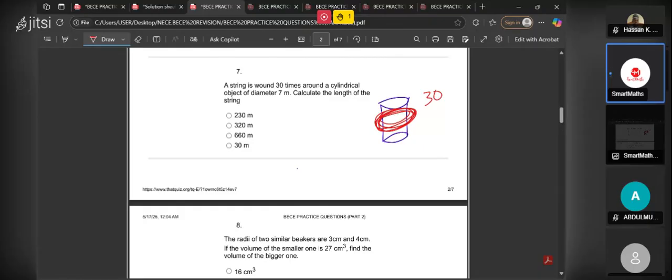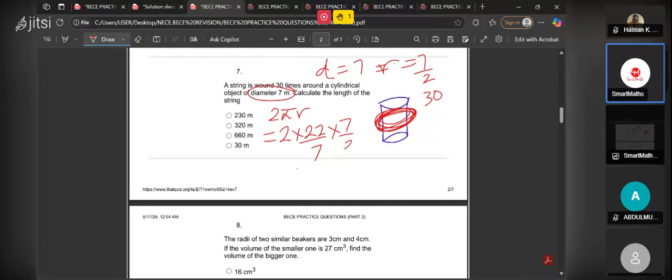The perimeter of a circle is 2 pi r. In this question, we are given the diameter. The diameter is 7, so the radius will be 7 over 2, because half of a diameter is the radius. So we're going to have 2 times 22 over 7 times 7 over 2.